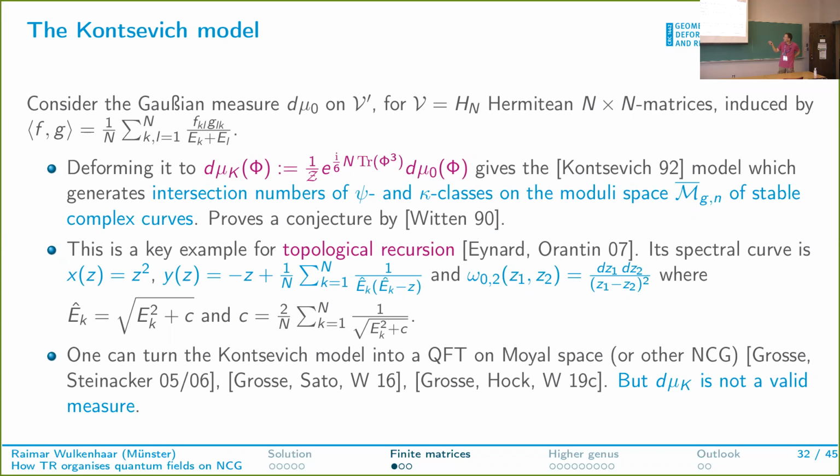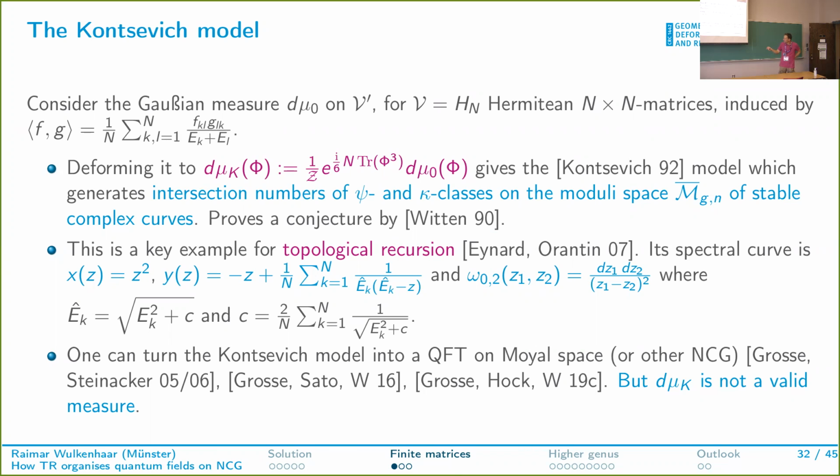And then this is exactly the Kontsevich model, which proved the conjecture by Witten that there is a way to encode intersection numbers of psi and kappa classes on the moduli space of stable complex curves. I will not tell you this. It's absolutely the key example of topological recursion.